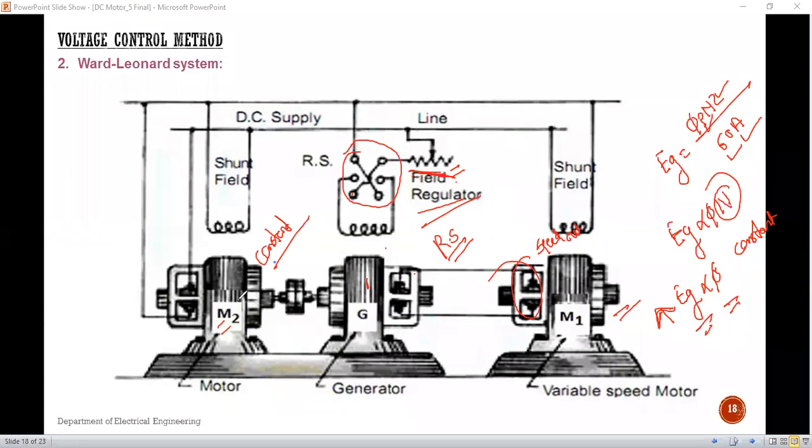See what I am doing. Suppose initially this switch is connected such that this terminal is connected here and this terminal is connected here. In that situation, current flows in the clockwise direction. And now I change it, that means this reversing switch is connected like this.